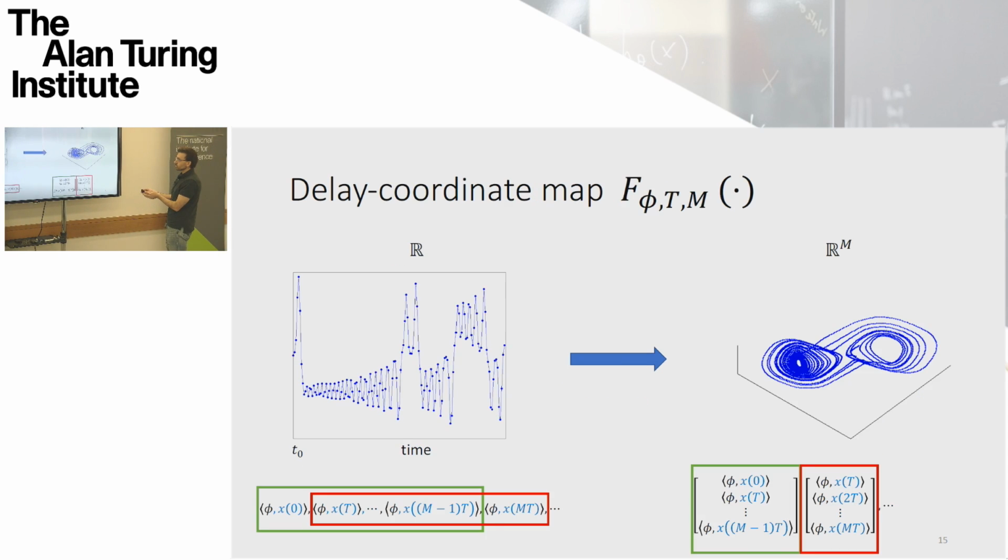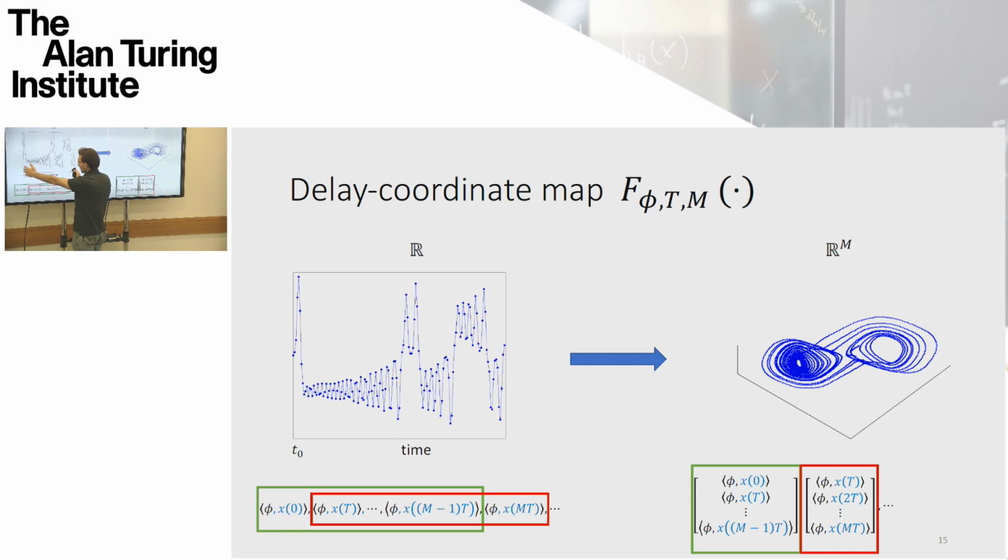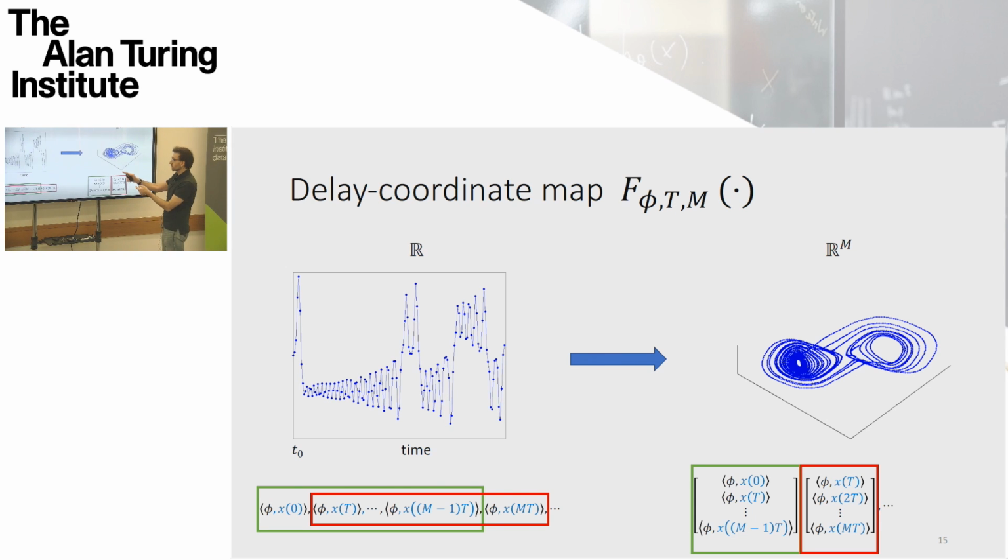All right, now let me introduce the delay coordinate map. Starting with the time series data and an integer m, we stack every m consecutive data points into a vector. So we have the green vector, the red vector, and we keep doing this over and over. That gives us a trajectory in R^m.